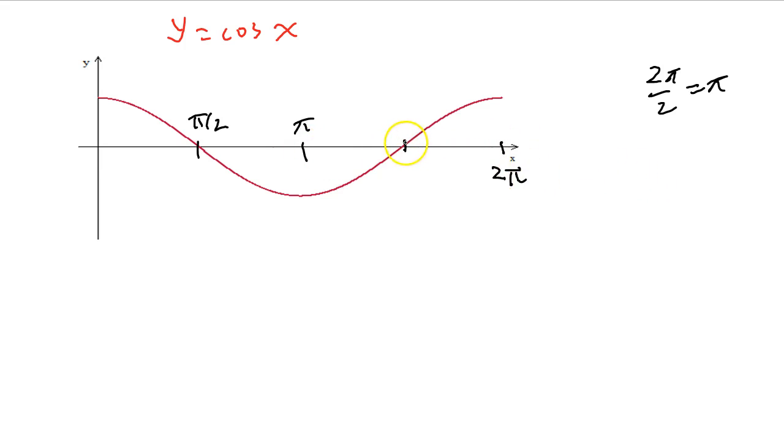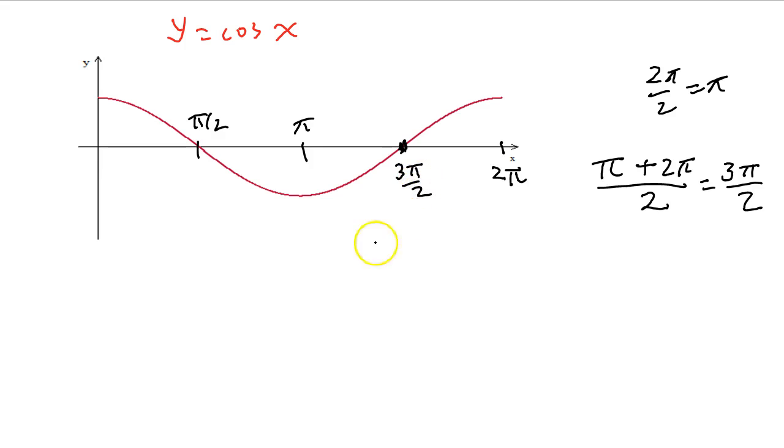How do you calculate the coordinate of the midpoint? The coordinate of the midpoint is simply the average of two numbers. So I'm going to take the average of pi and 2 pi, add the two numbers up, divide by 2, so that's 3 pi over 2. So this is 3 pi over 2.